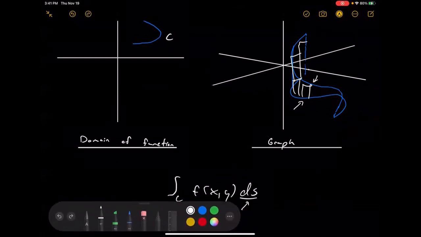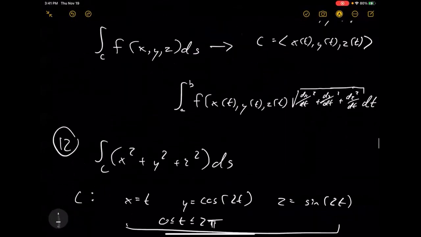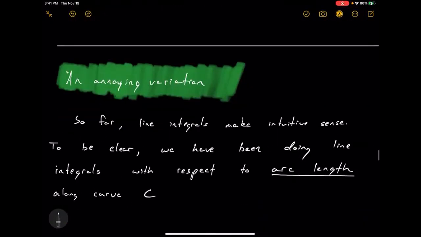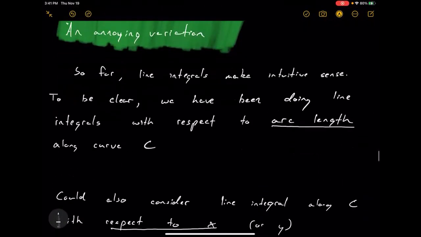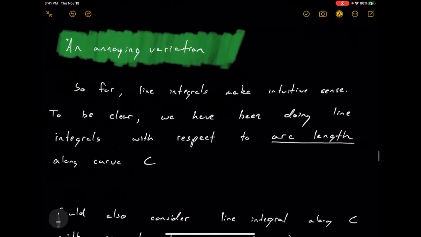Now, there's an annoying variation in the textbook that we need to learn. It doesn't make much sense until the end of this section. So it's going to be a little weird at first, but then it has a useful application in just a few moments.